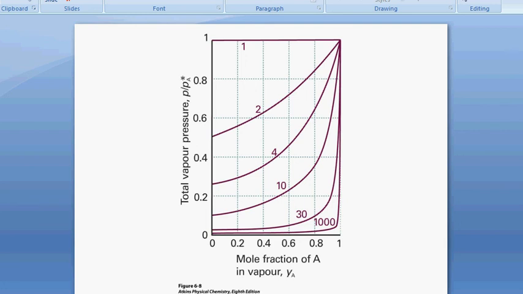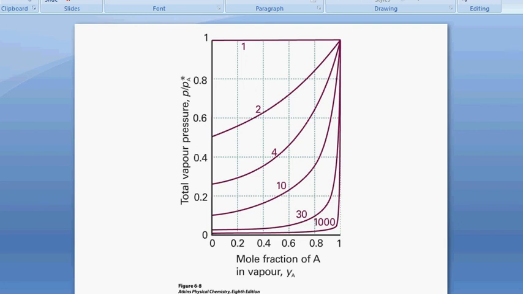Now we have an idea of how the pressure behaves when we have the mole fraction of the liquid, and how the vapor pressure behaves when we have the mole fraction of the vapor phase. Why not combine these two? Because I want the information in the liquid phase and I want the information in the gaseous phase. So what I would like to see is a combination of these two graphs.